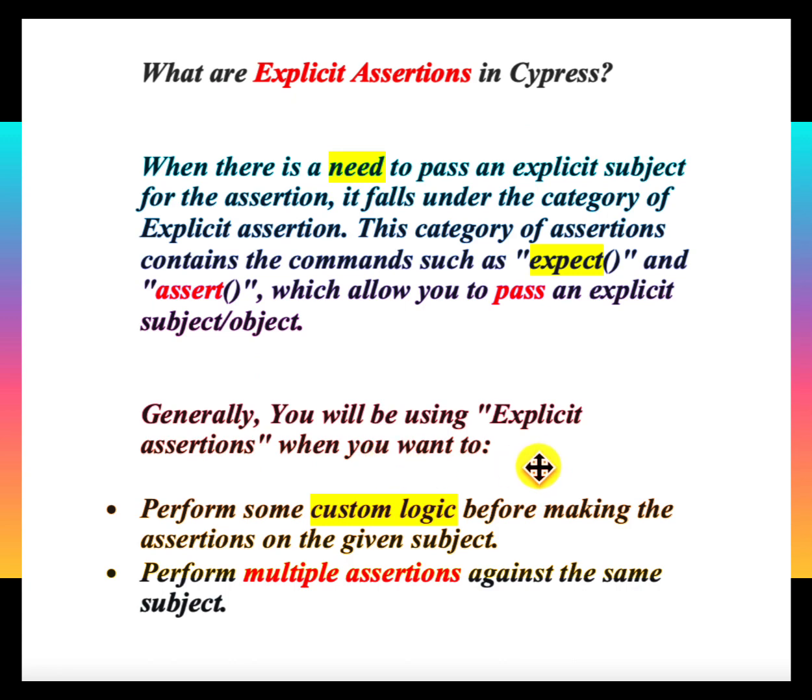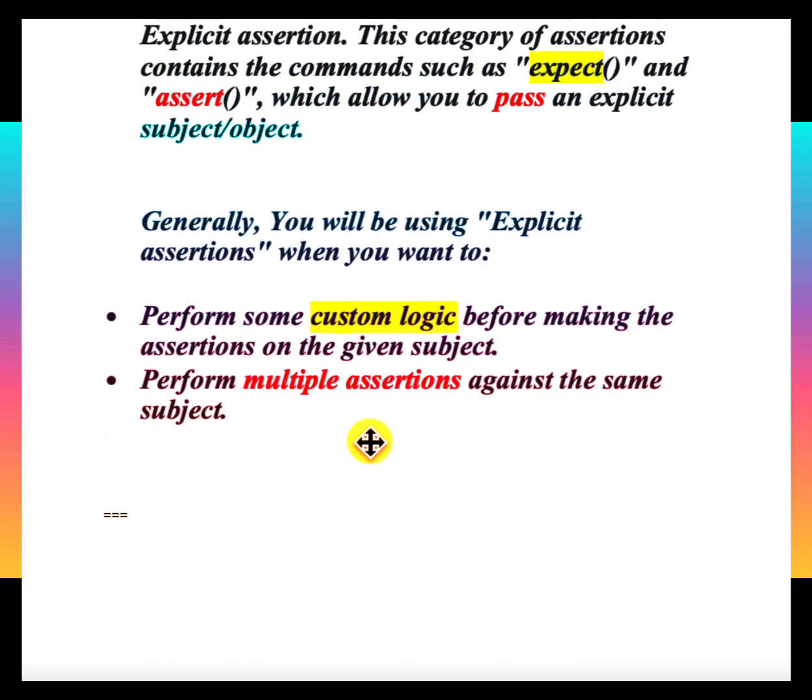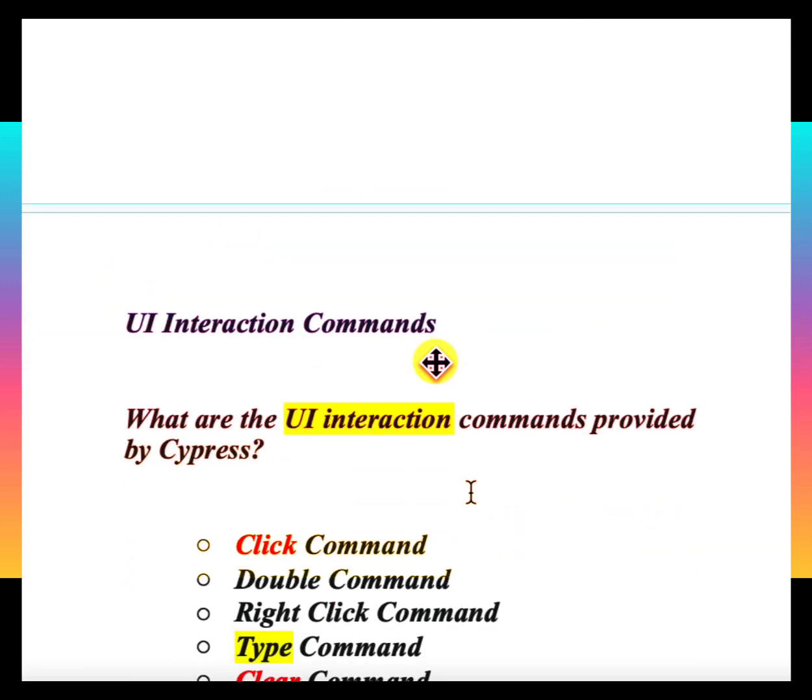Generally, you will use explicit assertions when you want to perform some custom logic before making the assertions on the given subject, for example intercept and all that stuff. So that falls under the explicit assertions. Or if you want to perform multiple assertions against the same subject.